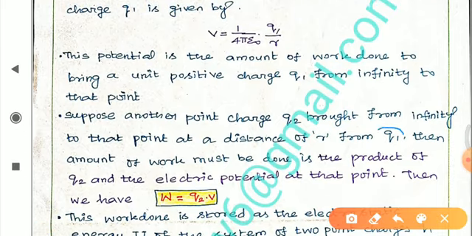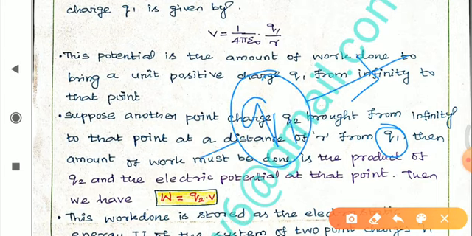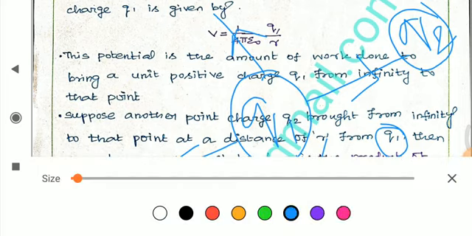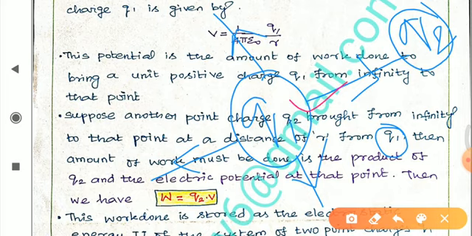Also, Q1 produces an electric field radially outwards, in all directions. If the point charge Q2 is also positive, then due to the same kind of charge they will repel each other, so external work has to be done to overcome the repulsive force.